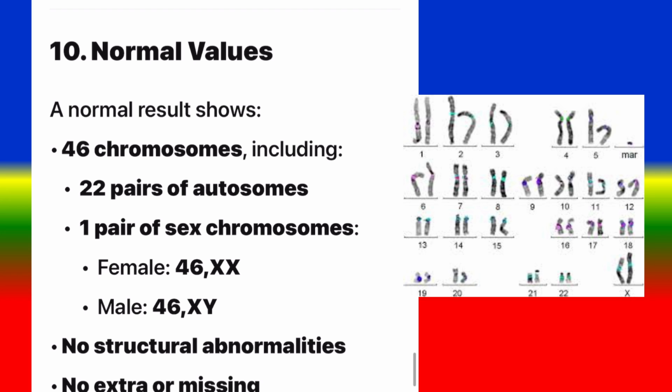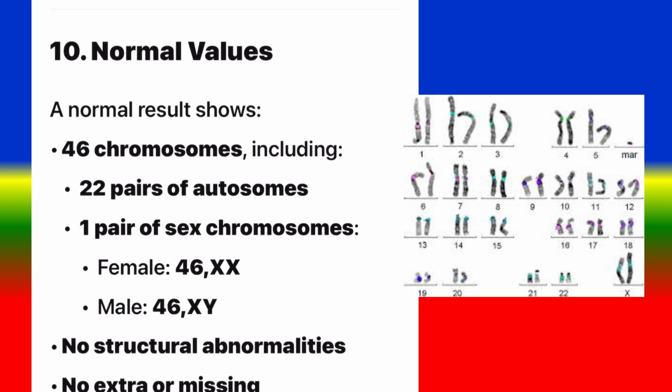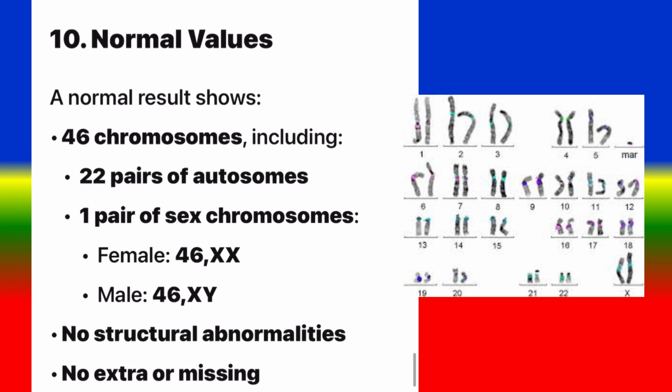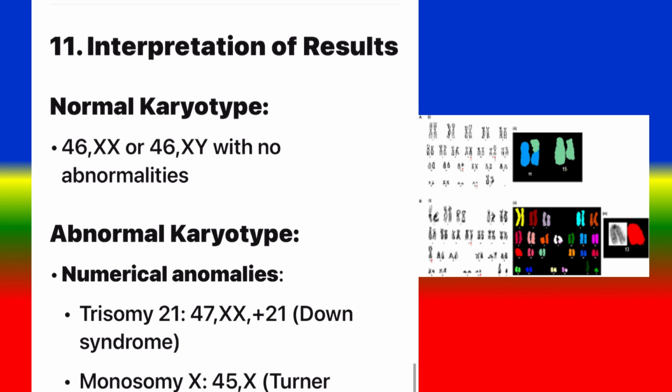10. Normal values. A normal result shows 46 chromosomes, including 22 pairs of autosomes, 1 pair of sex chromosomes, female 46,XX, male 46,XY, no structural abnormalities, no extra or missing chromosomes. 11. Interpretation of results. Normal karyotype: 46,XX or 46,XY with no abnormalities.